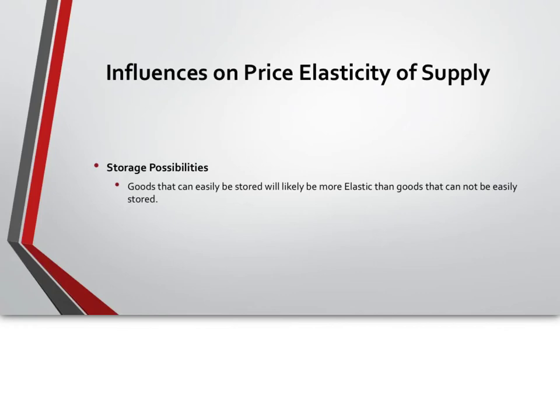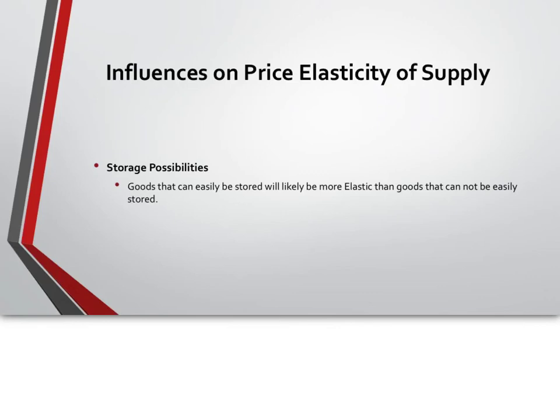Goods that can easily be stored will likely be more elastic than goods that cannot be easily stored. It's a pretty simple concept, nuts and bolts, but here's how you think about it. Okay, if I can store a great deal of my goods, I can adjust. So in times when there is a price decrease, right, I'm going to want to have less on the market.